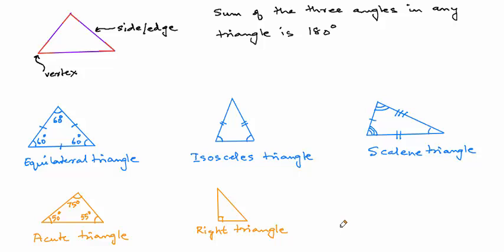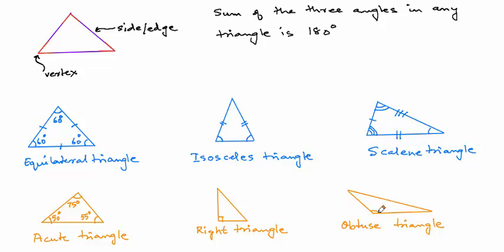And then we have something called an obtuse triangle, in which one angle is more than 90 degrees. Obviously, in this triangle, this is the one that's more than 90 degrees, or it's an obtuse angle.